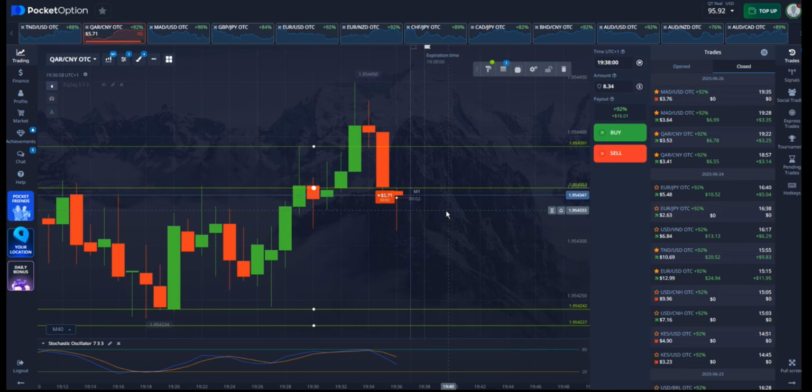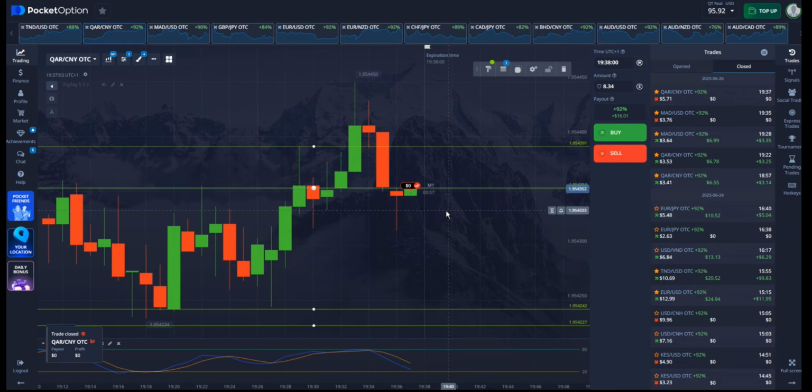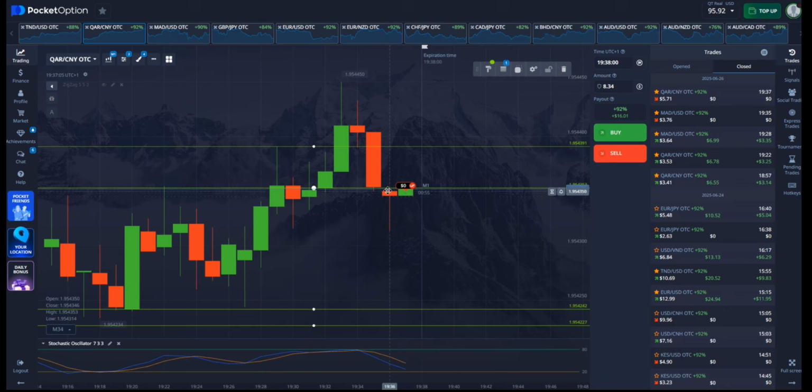A late entry might make me lose this trade. So I lost this trade because of late entry. I entered very, very late to this trade. That's why I lost this trade. So our next trade is 8.34. So let's move this.